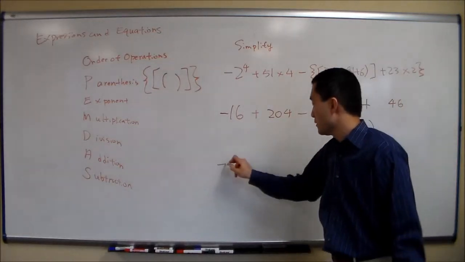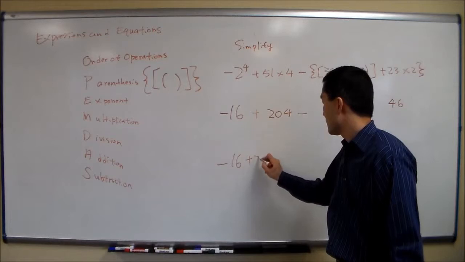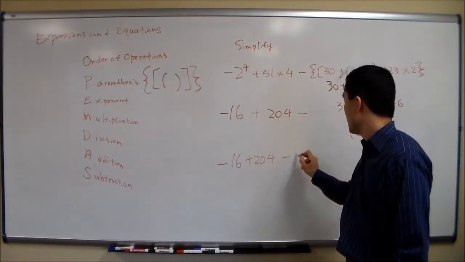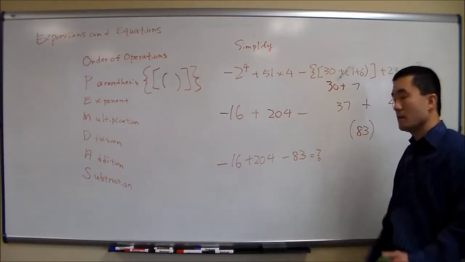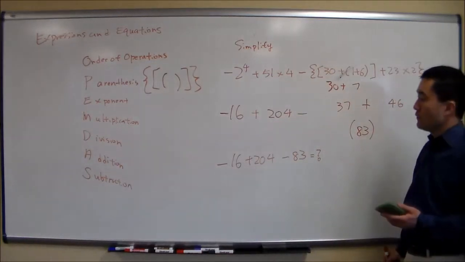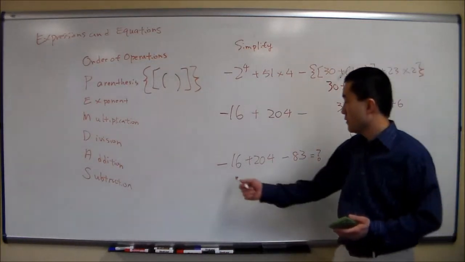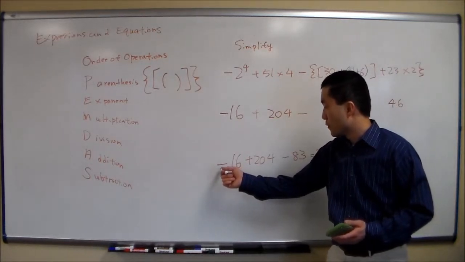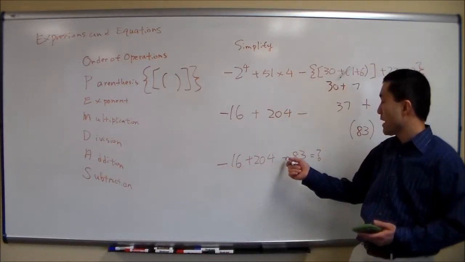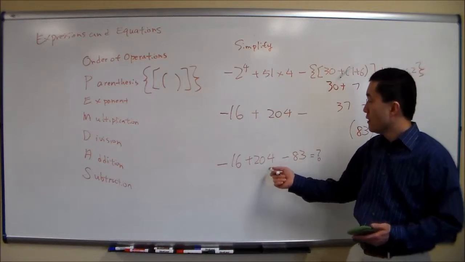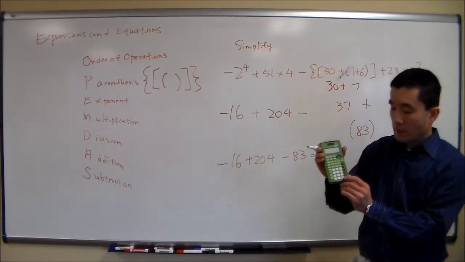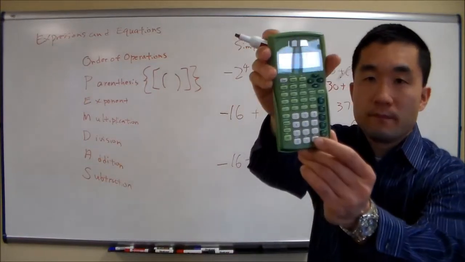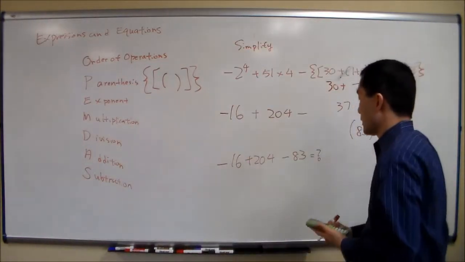So if you rewrite this, one confusing thing about the calculator is that this is a negative sign because it's the very front, whereas here it's a minus sign. So to do a negative sign on your calculator, it's underneath 3. Looks like this.